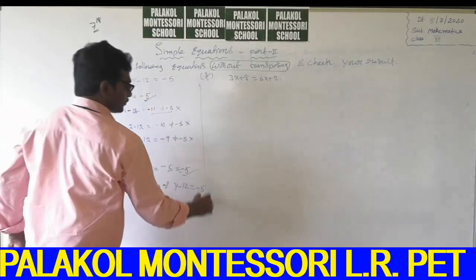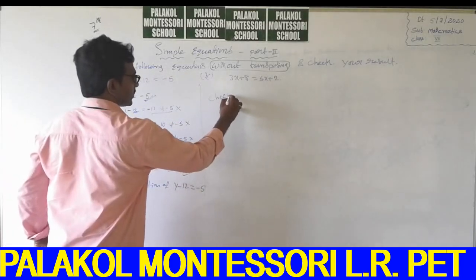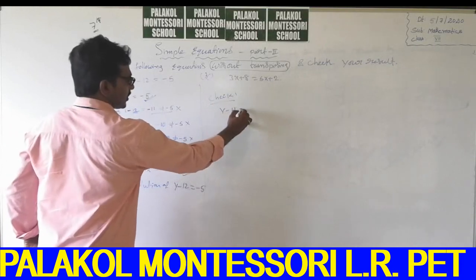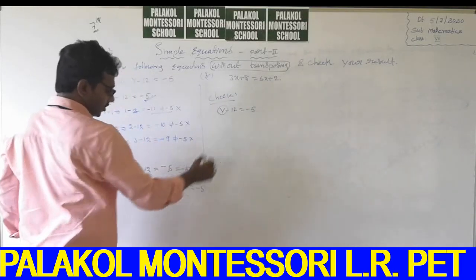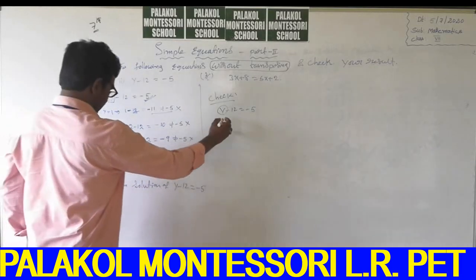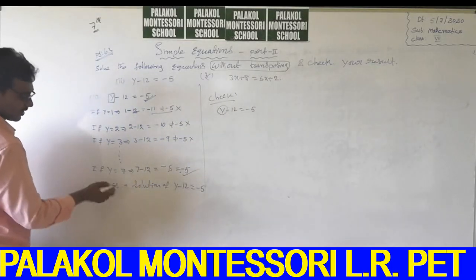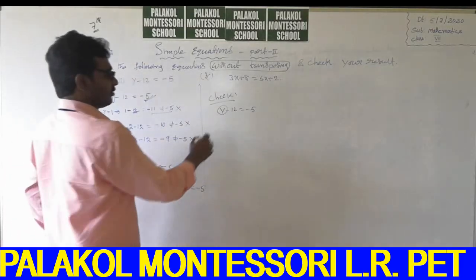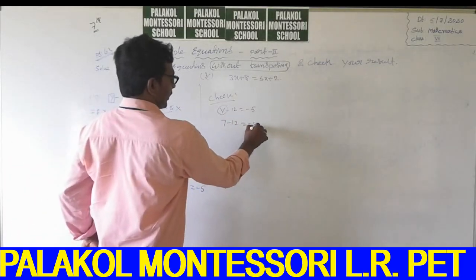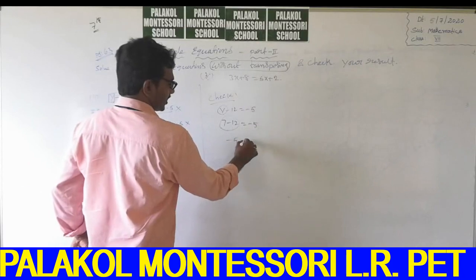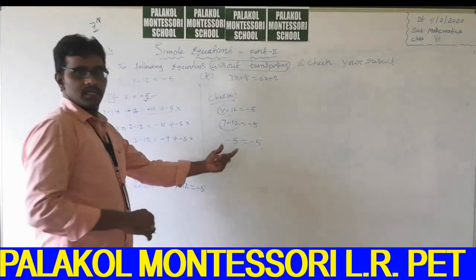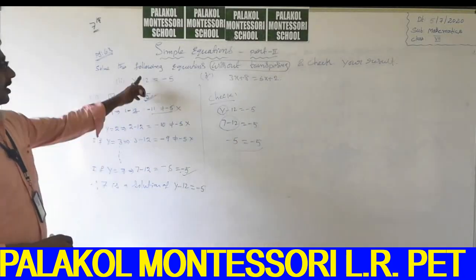Check it. In the y place you write 7. 7 minus 12 is equal to minus 5. Here it becomes minus 5. Minus 5 is minus 5. Okay, the sum 4 is done.